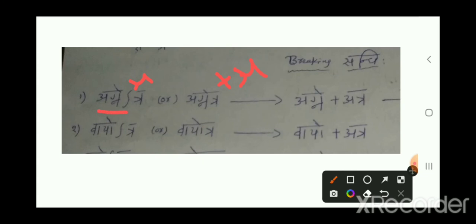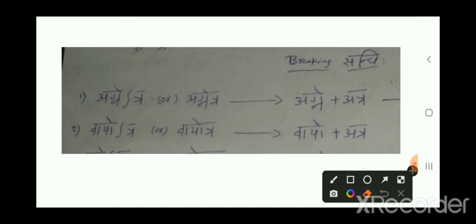What is Agni? Obviously it can't be O, it will be A, right? So Agni plus Atra. I is dropped off, that's why Atra is there. So the previous form is Agni plus Atra. It will become Agnetra. That's it. Very simple, right?